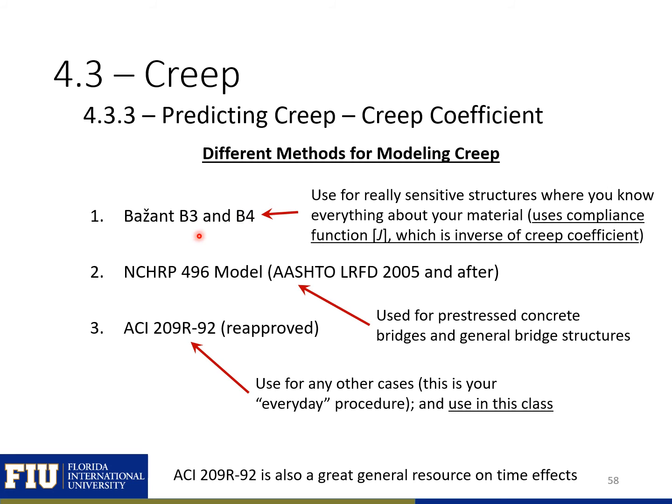In the Bazant models, they use what's called a compliance function, J, which is just the inverse of the creep coefficient. We can also use our AASHTO LRFD expressions derived from the NCHRP 496 model, or what we'll do in this class, and what you can do for use as your everyday procedure, is our ACI 209R procedure.